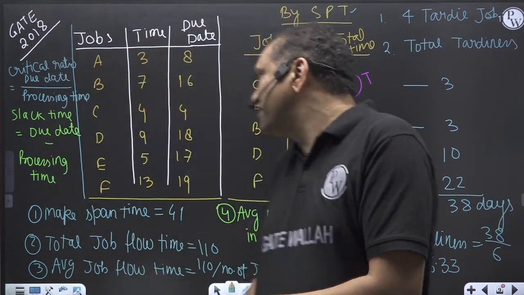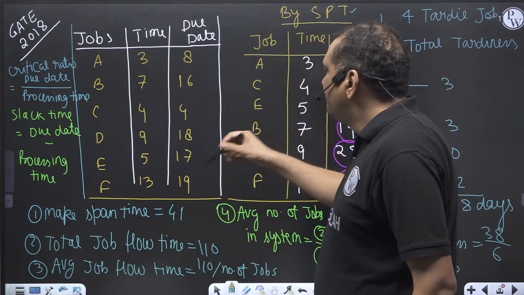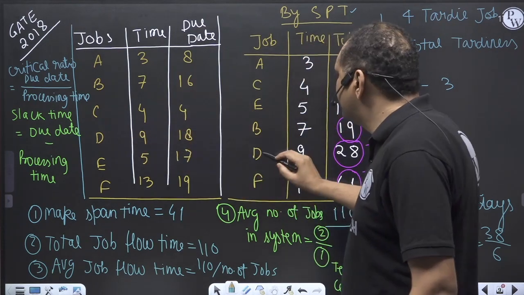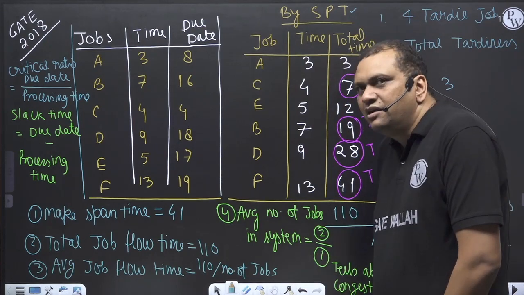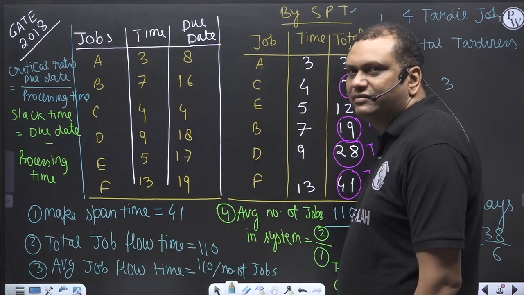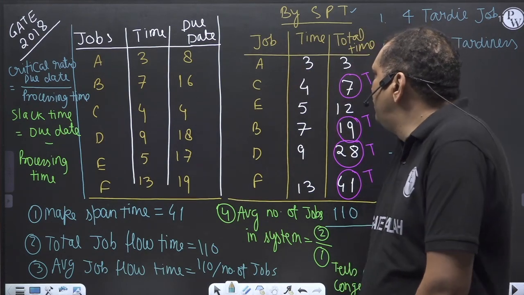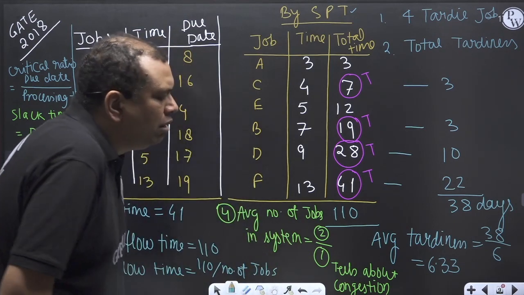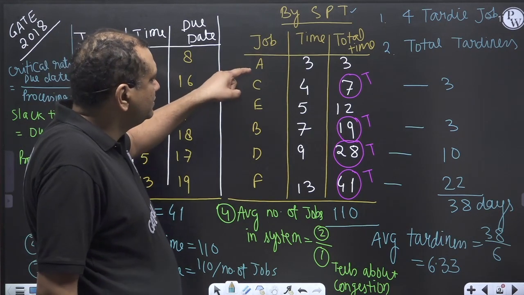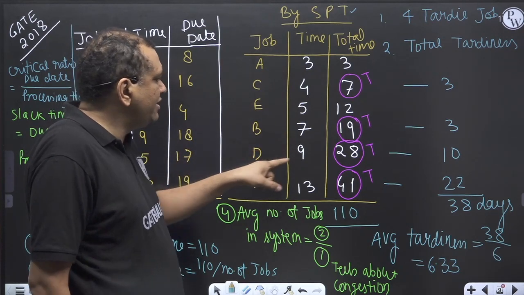After 4, it is 5, so I will process E. After 5, it is 7, I will process B. After 7, 9, I will process D, and finally F. So the sequence in which I will process the products is A, C, E, B, D, F. Job A consumes 3 days, C 4 days, E 5 days, B 7 days, D 9 days, and F 13 days.